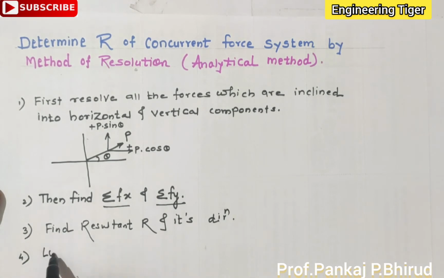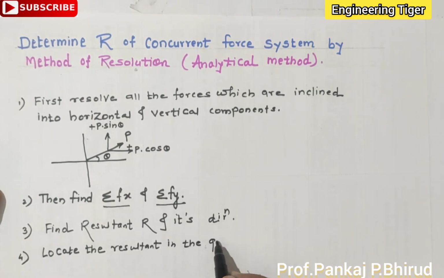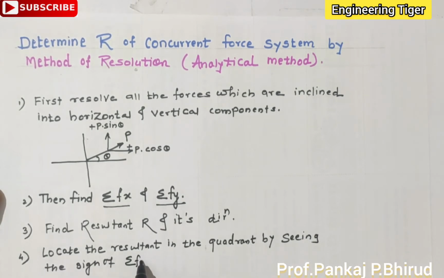Then locate the resultant in the quadrant by seeing the sign of sigma Fx and sigma Fy.